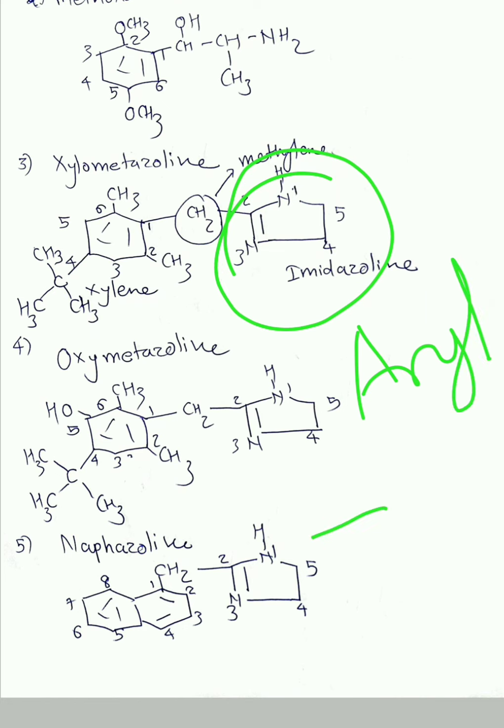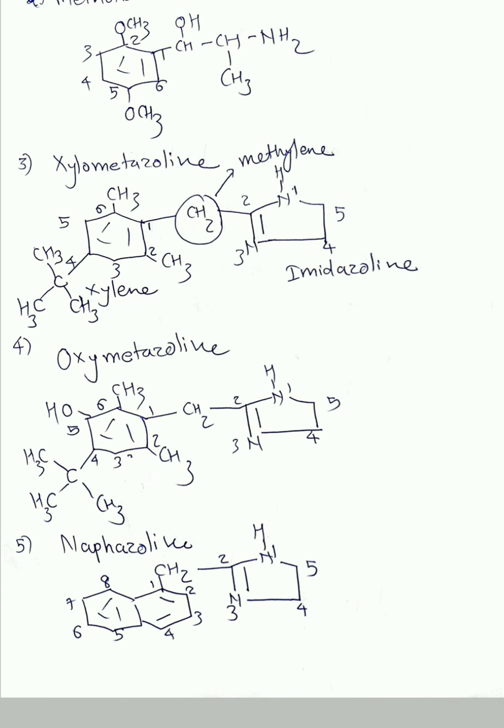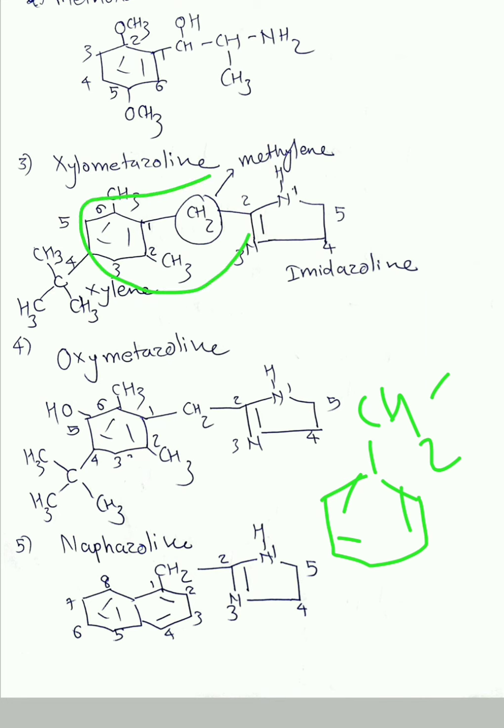Aryl means any aromatic compound having CH2. This group is called aryl. I'm so sorry for the diagram, I'll try to draw it again. This molecule is called aryl. Okay, now here can you see this? This part, aryl. This part, aryl.